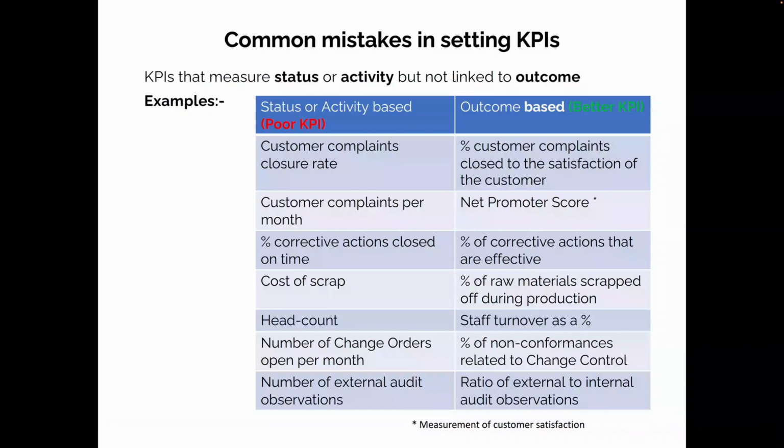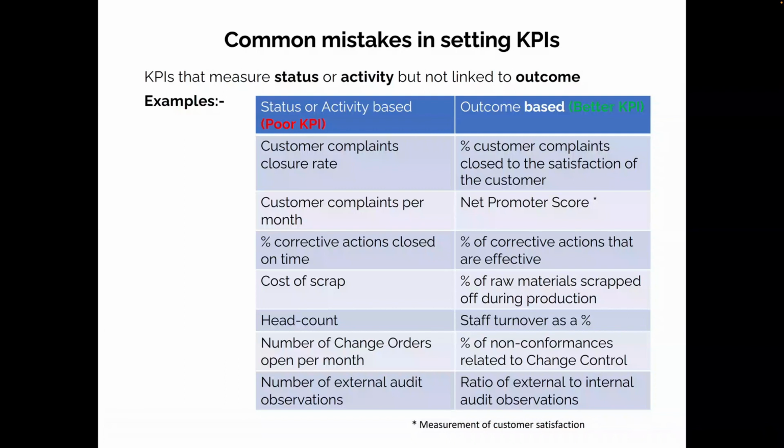Okay, let's look at some common mistakes in setting KPIs. The main one is measuring an activity or a status rather than the outcome you want to happen. On this table, on the left-hand side, you've got a series of KPIs, and on the right-hand side, a more appropriate KPI focusing on the customer's expectations.